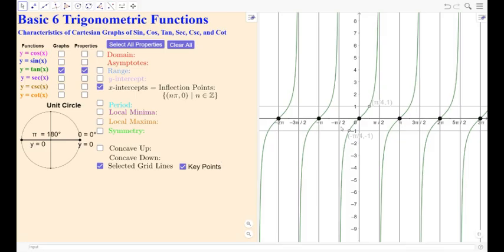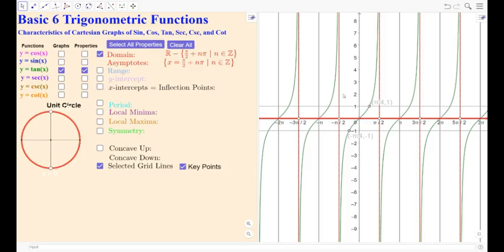So if you're drawing one of these graphs by hand, these are some key points to get. You want to get the fact that it goes to the origin, it goes to pi over 4, 1, negative pi over 4, negative 1, concave down, increasing this way. And notice our asymptotes happen exactly where the function is undefined.